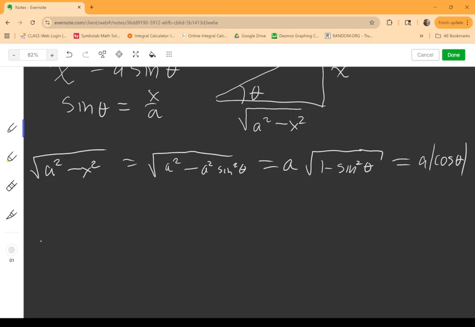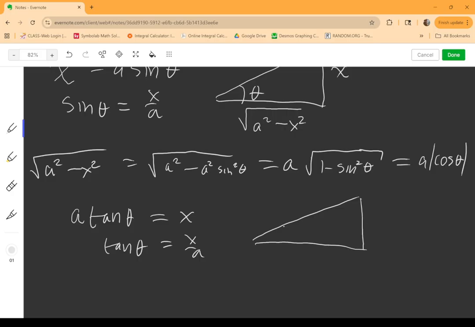And then we see in the next one, if our substitution is a tangent theta equals x, then we get tangent theta equals x over a. I like to draw this triangle because what we're going to see when we find our integrals is the resulting integrals might be in other functions that are not sine or tangent or secant.